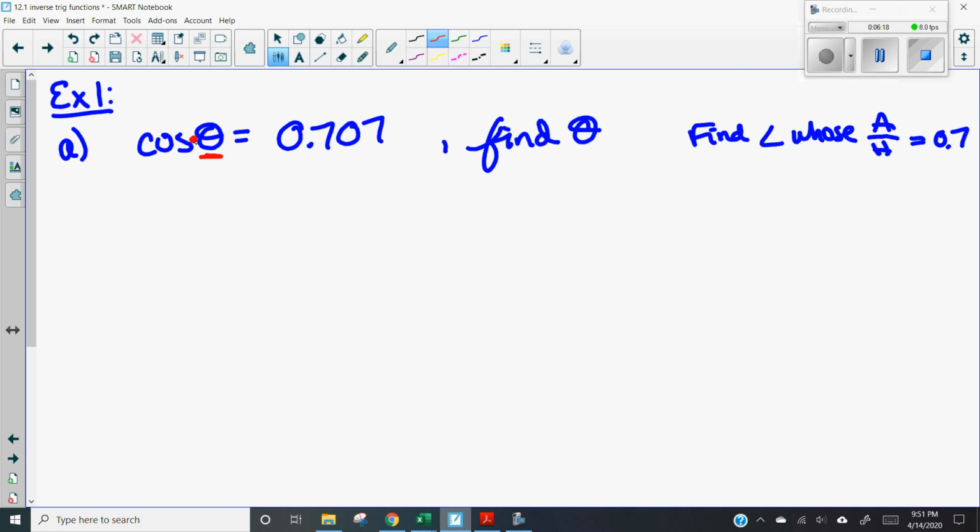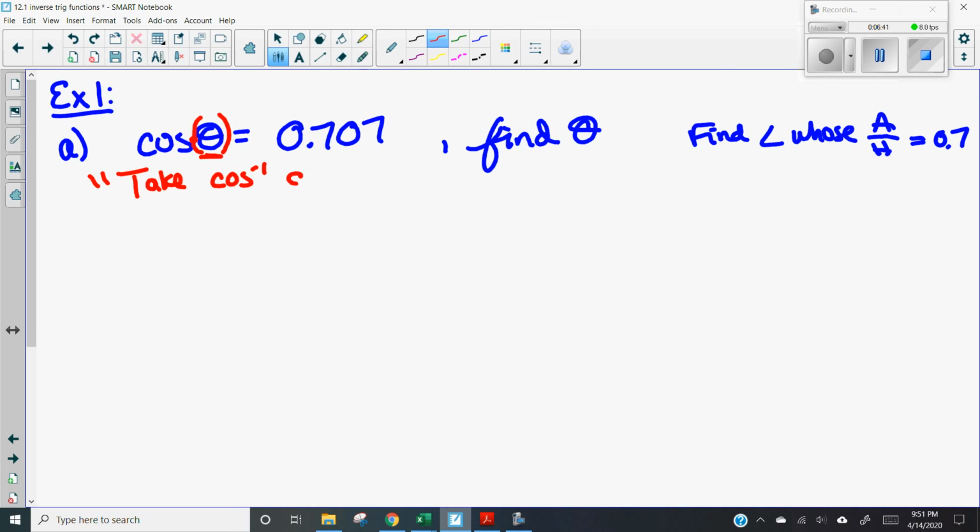That's not what this is. This is not the word cos times an angle. It's cosine of that angle. So to undo the cosine, it's not through division, this is where inverse cosine comes into play. So what we're going to do is take the inverse cosine, and just like any other equation, what you do to one side, you have to do to both.